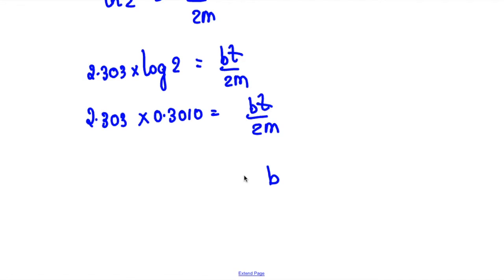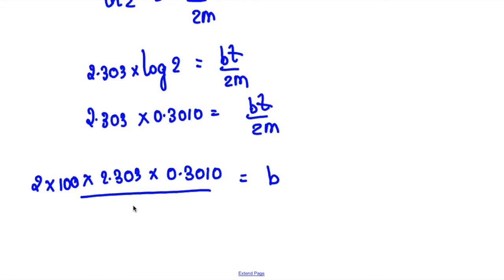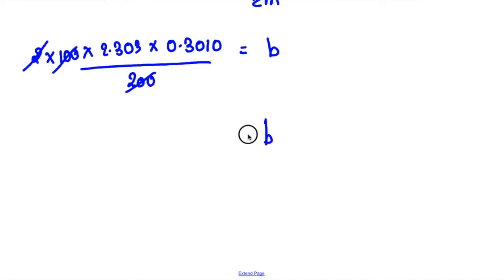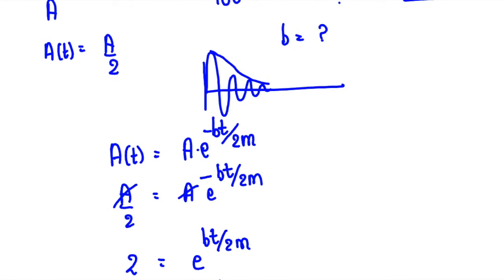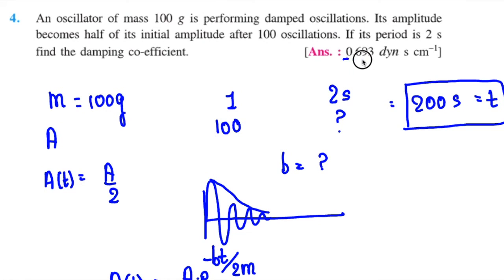Now b equals 2m, that is 2 into 100 gram into 2.303 into 0.3010 divided by t, that is 200 seconds. 2 into 100, that is 200, will be cancelled out with this. I'll get b equals 0.693. The unit will be in CGS units, that is dyne second centimeter inverse.